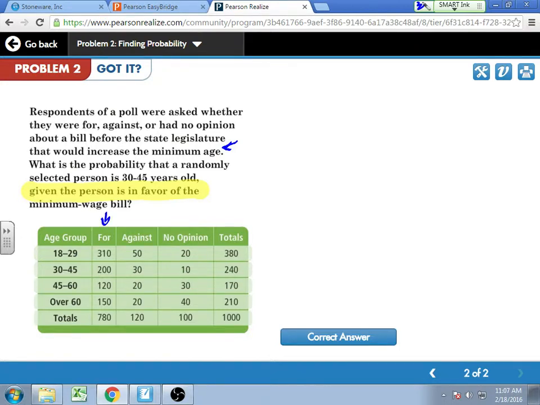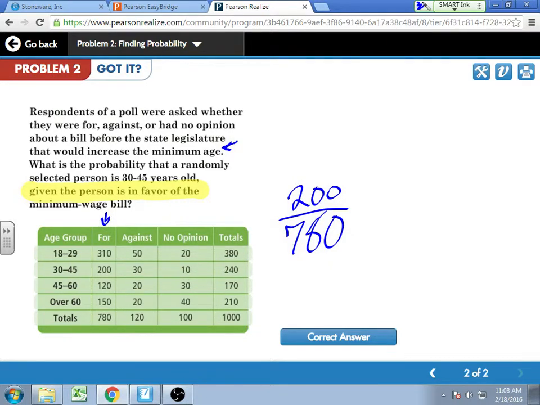Now, Grant, what numbers did you use to set up that probability? 780 is on the bottom because that's the total of the 45-and-over group. And then the 200 from the 30 to 45 group goes on top.